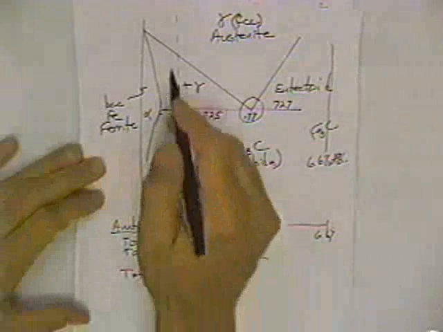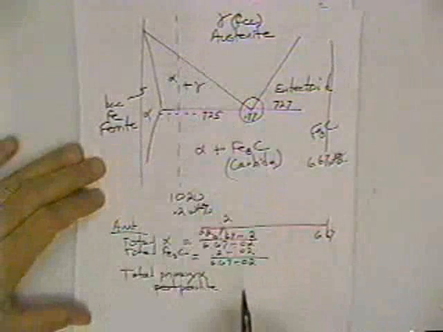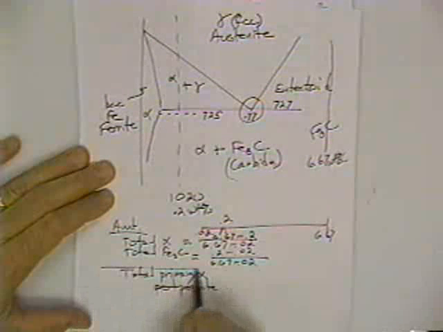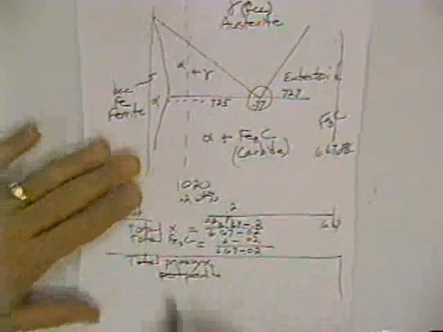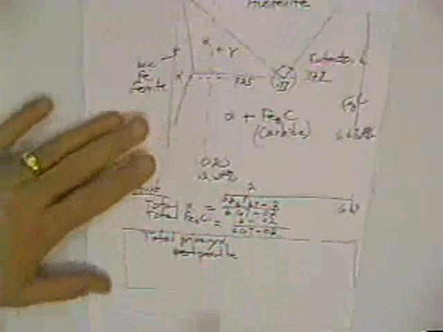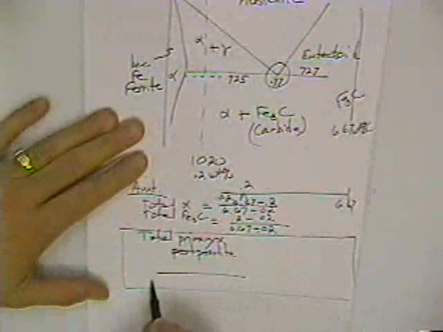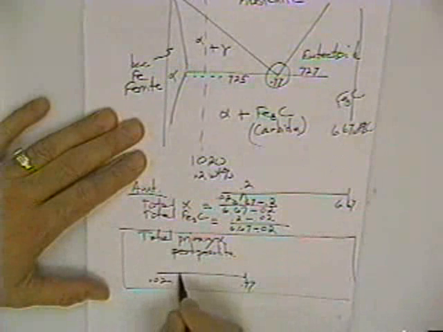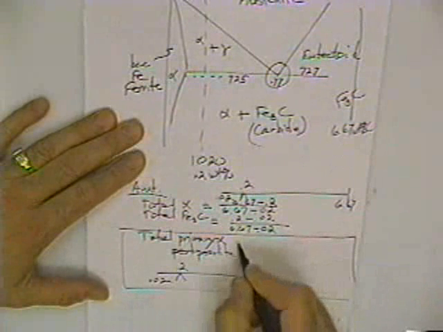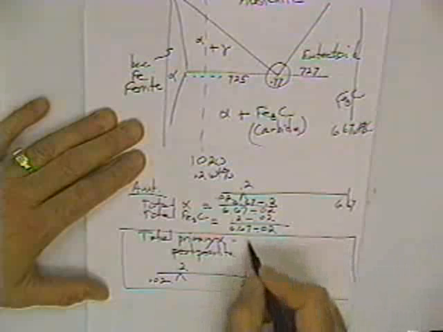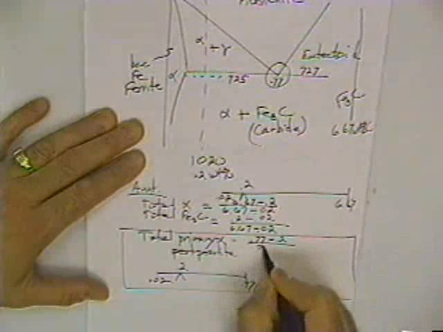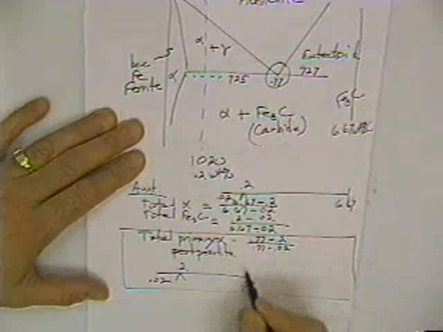But supposing we wanted to know the alpha that came out first and how much pearlite we would have, then our tie line, let me put a little box here, then our tie line is going to go from where? 0.02 to where? 0.77, and we're at 0.2. So the primary alpha is going to be 0.77 minus 0.2 over 0.77 minus 0.02.